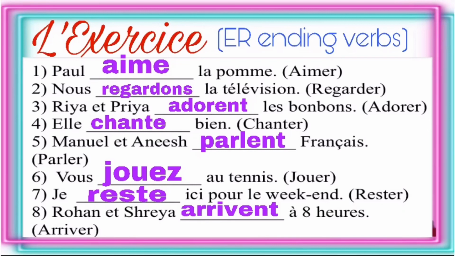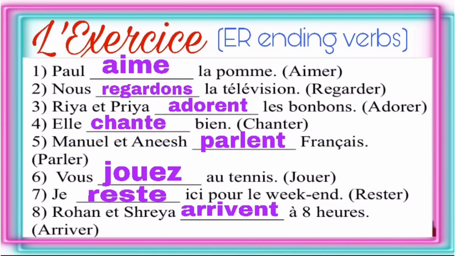Okay? Now let's do the exercise. So the first question is Paul dash la pomme, and the word which is given in the bracket is aimer. So aimer is your verb, which means to like. So according to the rule, you have to put e with il, because Paul is a boy, so we will conjugate the verb according to il.